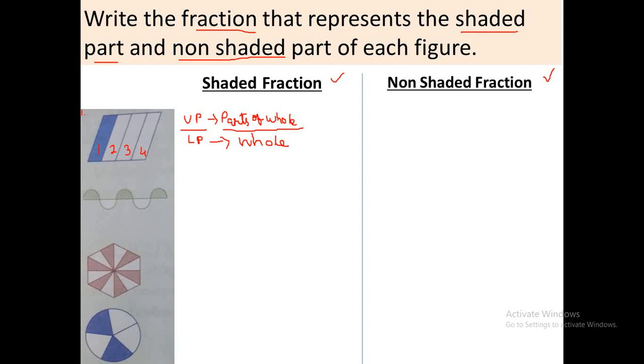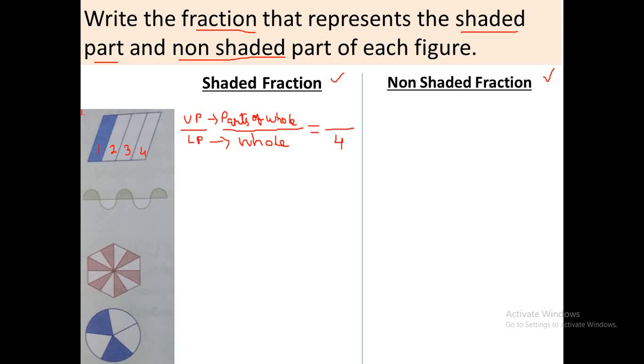So here in this figure, see, 1, 2, 3, 4. The whole figure has been divided into 4 equal parts. So here in the first figure, in the lower part, I will write 4, right?